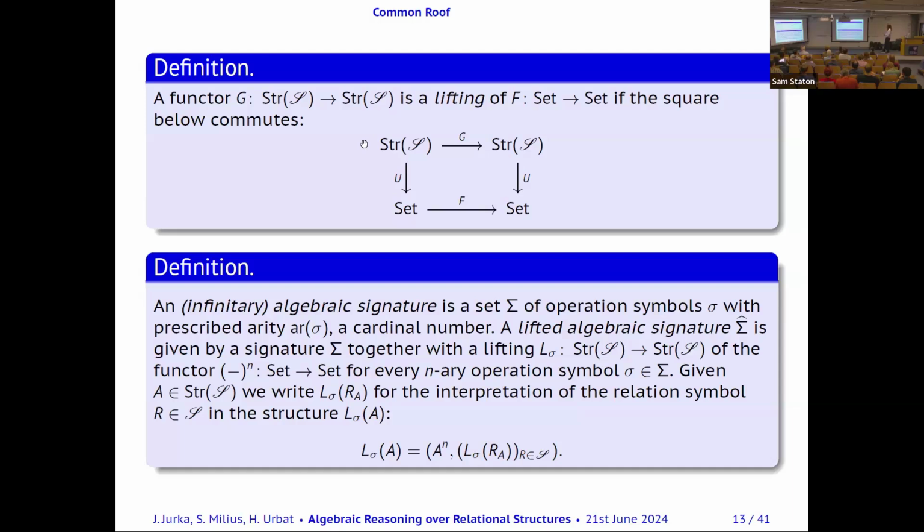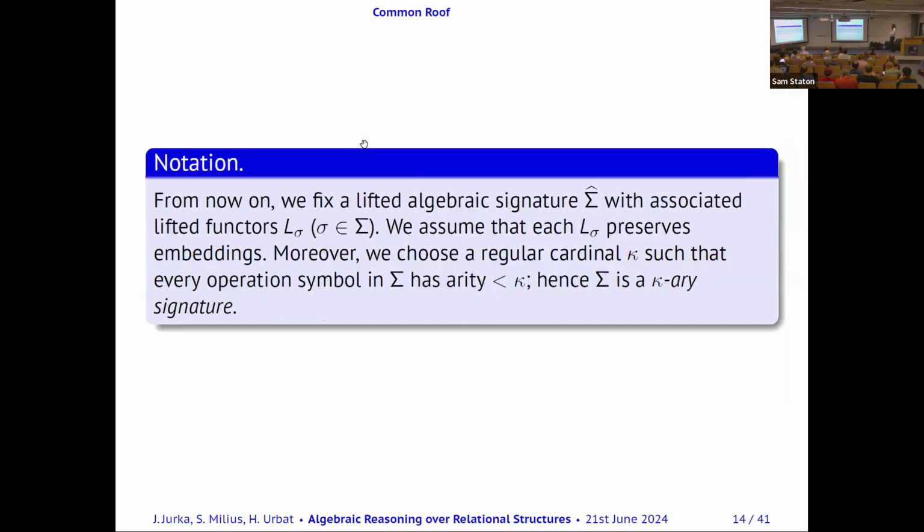And then the relations, we will denote them like this. So here are just some assumptions. We fix a lifted signature. Also a technical assumption, we will assume that liftings preserve embeddings.